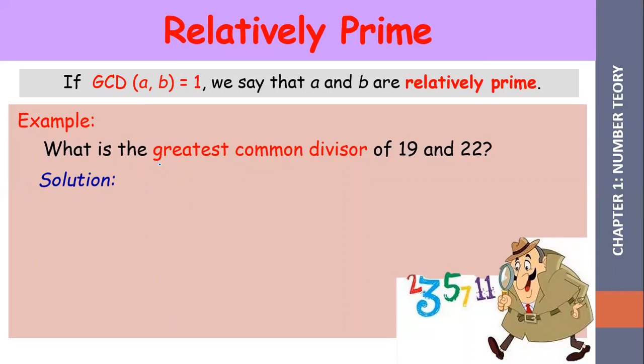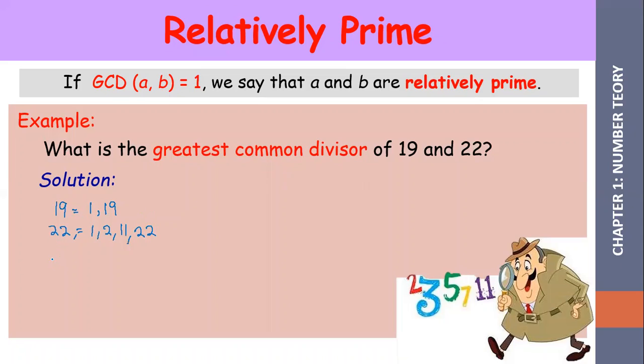So what is the greatest common divisor of 19 and 22? The solution is to list down all the possible divisors of 19. They are 1 and 19. How about 22? 1, 2, 11, and 22.